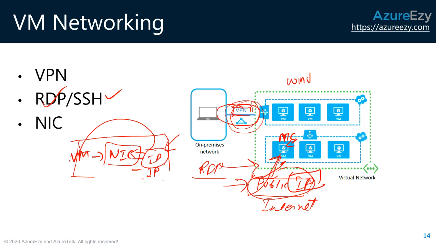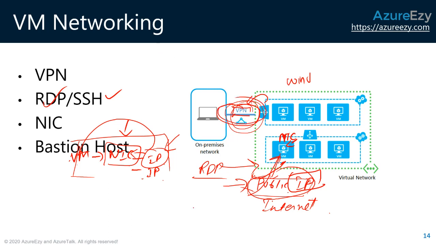It is no more the developer's or the infrastructure team's responsibility; it is a shared responsibility. Then you must be aware of what exactly this NIC card is and how it is associated. You have this IP. It can be a public IP or a private IP. Private IP is mostly used with VPN. Public IP is something you can connect to using the internet itself, without any other bridge or communication layer such as VPN.